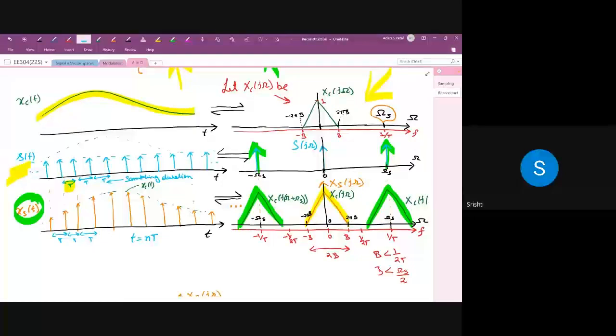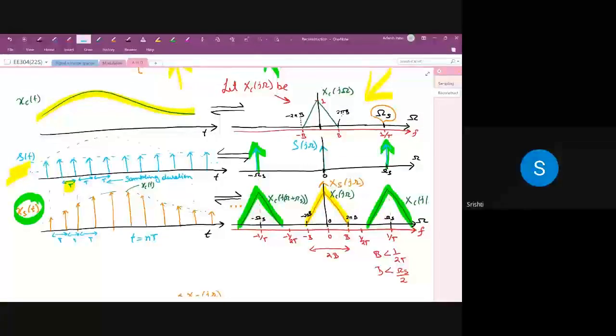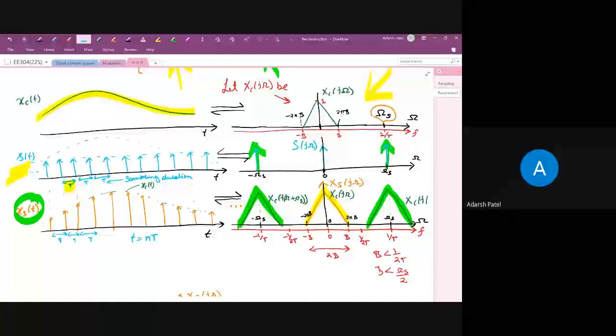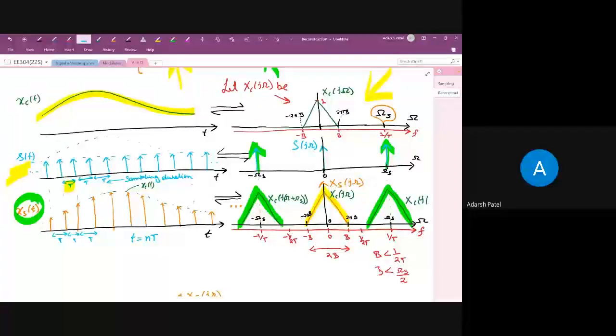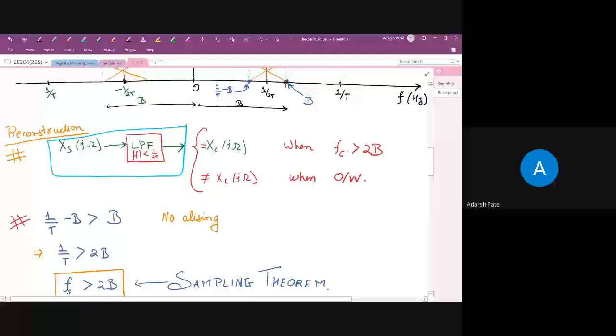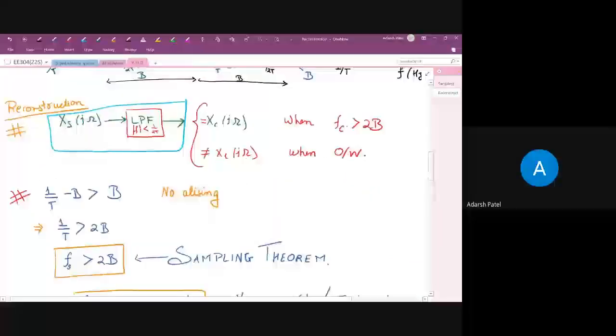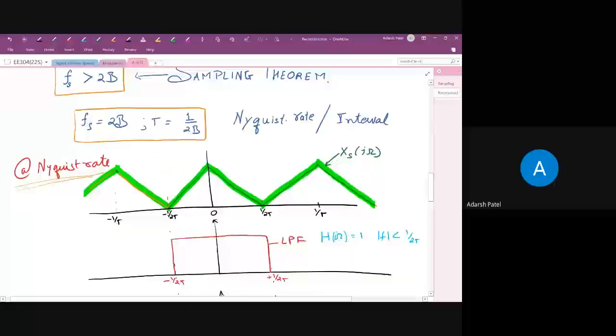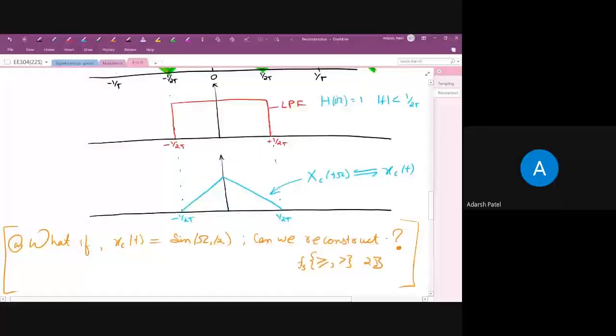Capital T and capital T_s are the same. Do not get confused here. In this entire lecture, capital T and T_s are the same, not the small t.